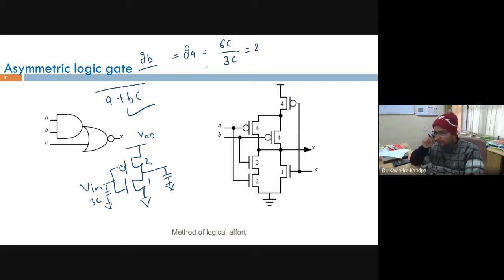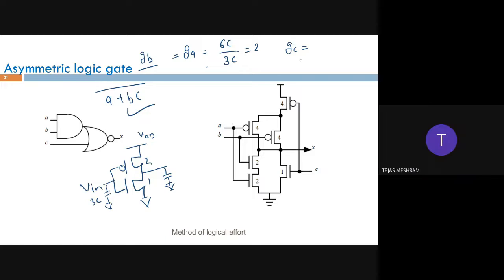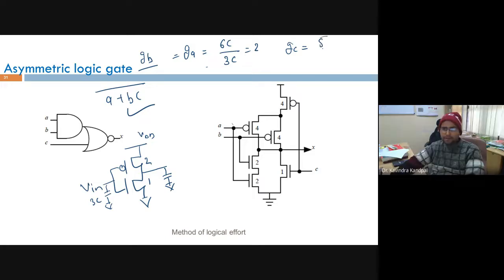Am I audible? Yes, sir. GA and GB are both equal to 2, while what is GC, the logical effort of C? 5 by 3. It is not equal to GA and GB, right?